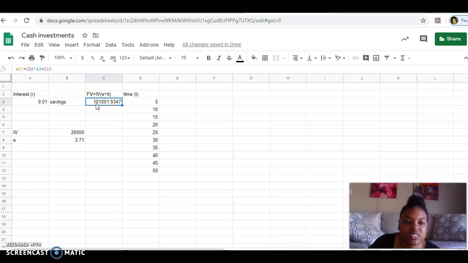So what it's giving us here is the amount of money that's going to be in the account after 5 years at 1% interest rate if we initially put in $20,000.